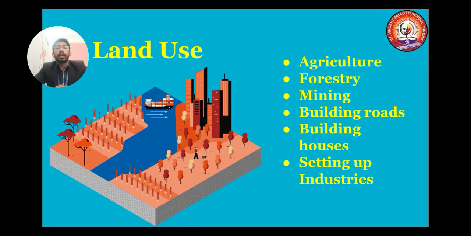Now let's see what are the uses of the land. The land can be used for many purposes like agriculture, forestry, mining, building roads, building houses, setting up industries. These are all human uses.